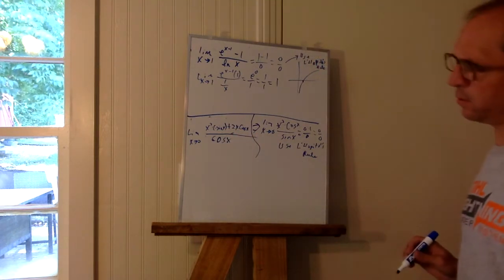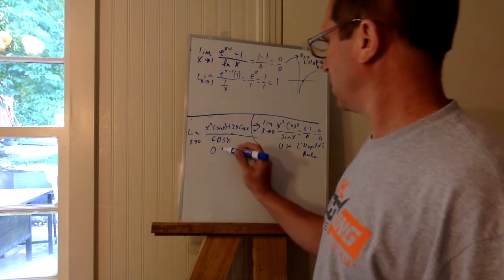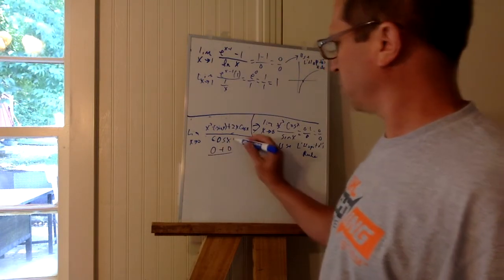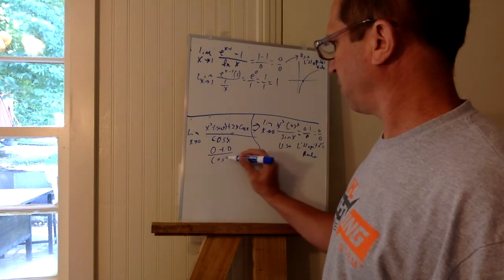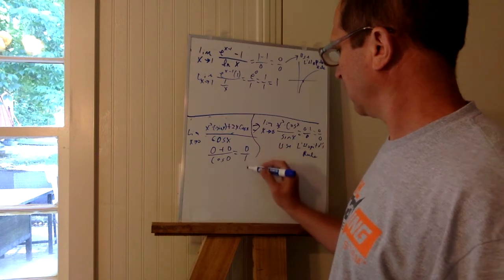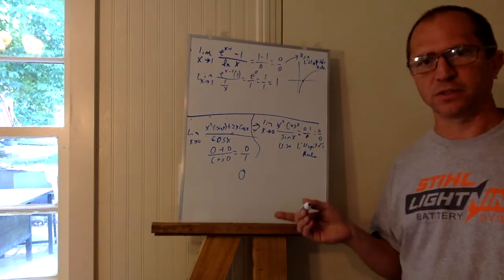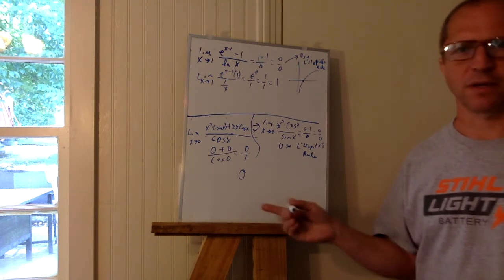All right, so we start plugging in 0, so we get 0 plus 0 over the cosine of 0, which is 1, so we get 0 over 1, which is just 0. So there we end up with the solution of 0 for the limit there.